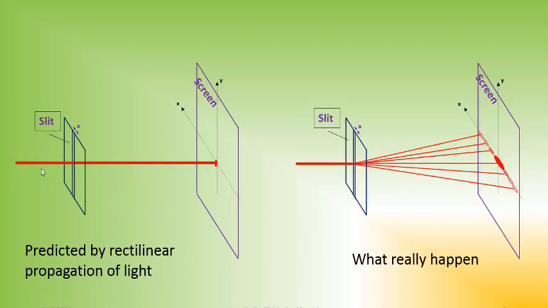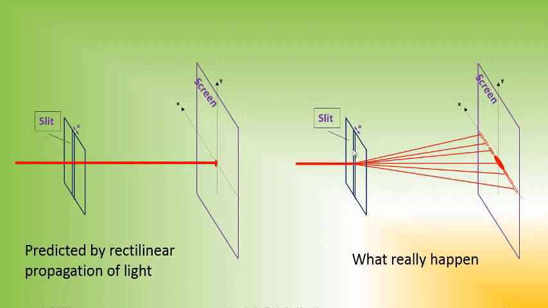Another experiment. If we shine a parallel beam on a slit, we predict, according to the rectilinear propagation of light, that on the screen we should have a small spot of light.